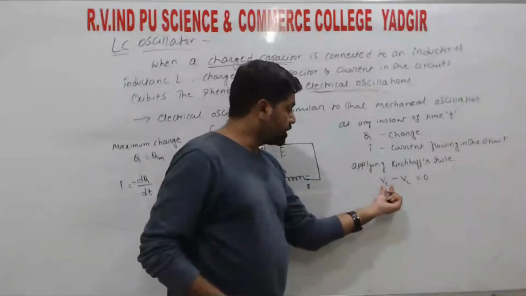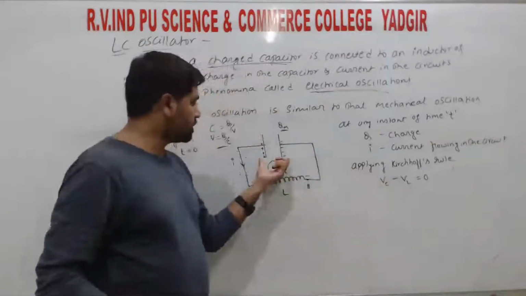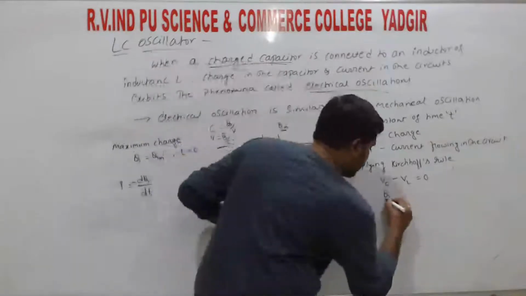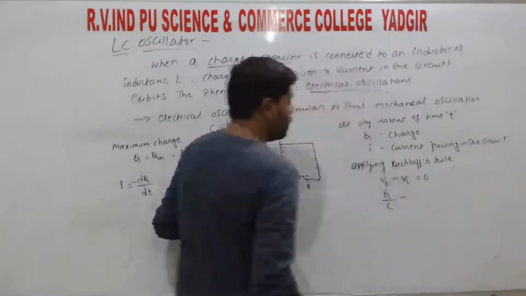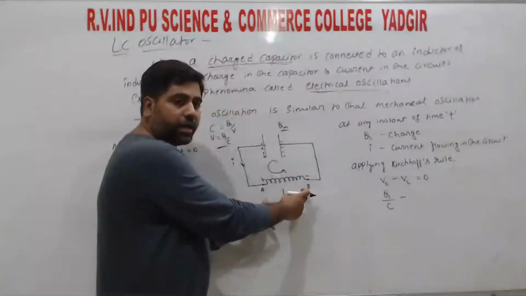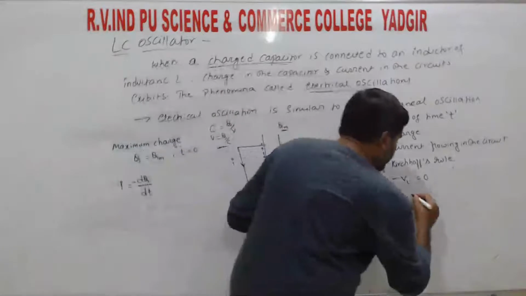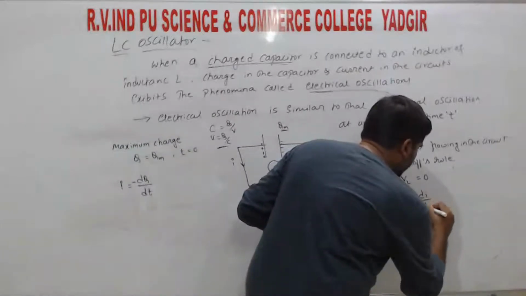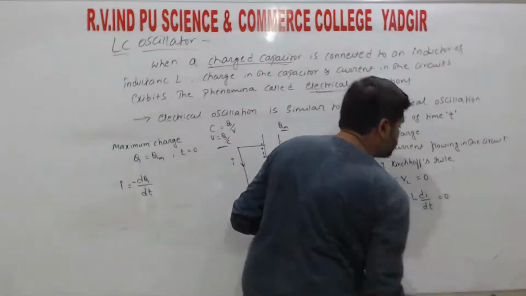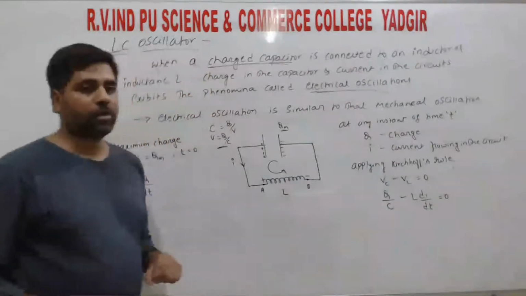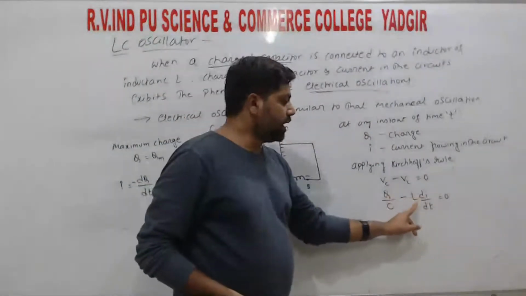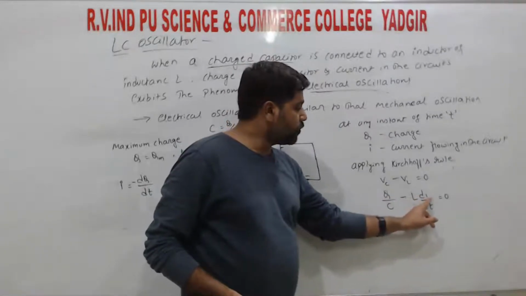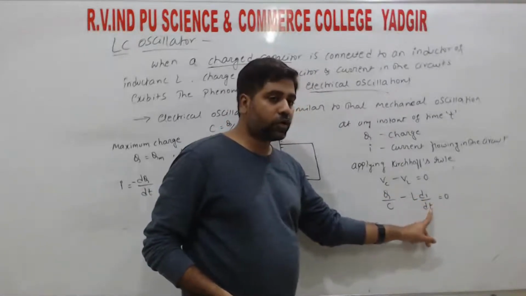VC is the voltage across this capacitor, which we can write as Q divided by C, minus VL, the voltage across the inductor, which is L into di by dt, equals 0, right? So di by dt into L is the rate of change of current with respect to time.